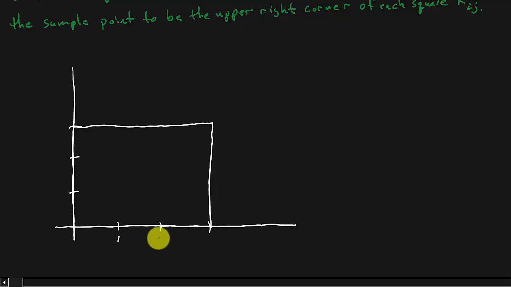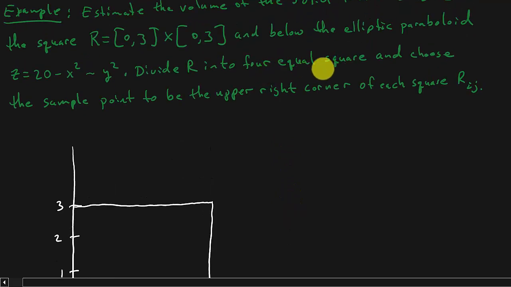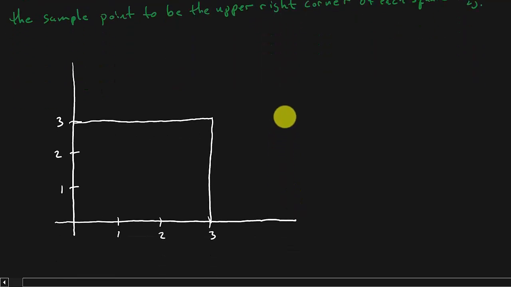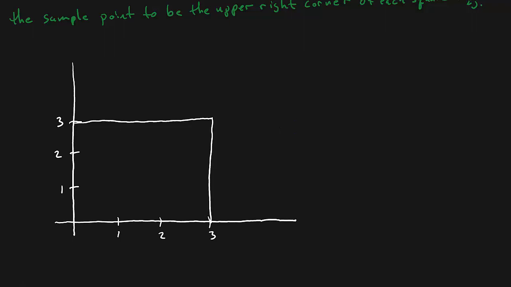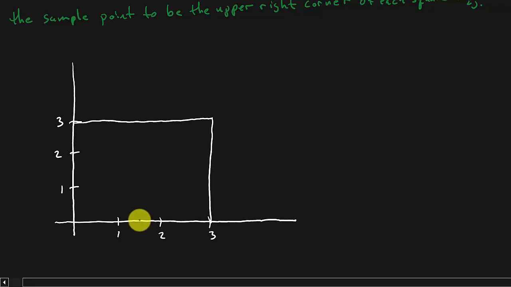Now, it says to break it up into 4 equal squares. Divide R into that. So that's going to be right between 1 and 2. There's my 4 equal squares.